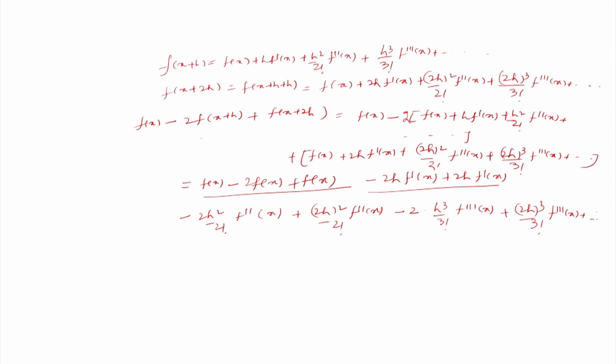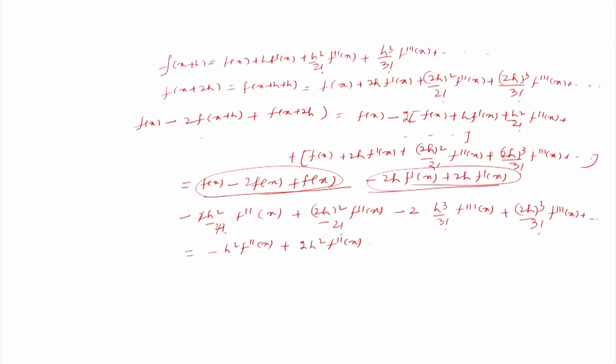So if you consider these terms, since this cancels out, this cancels out, so this can be written with the 2 cancelling out. So we will have minus h square f double dash of x plus 2 h square f double dash of x here.